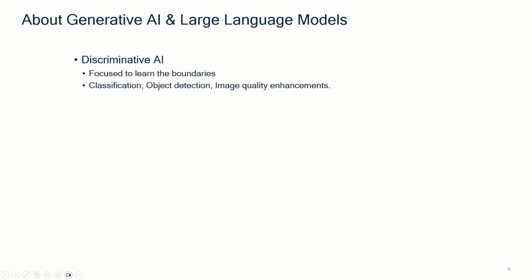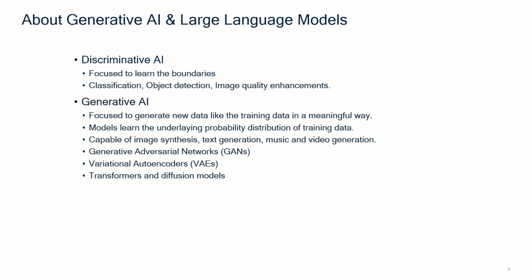Alternatively, generative AI models are more focused on emitting new data which humans have never seen before. These models are built with the aim of understanding the underlying probability distribution, and then with a sufficient amount of training with different data, they can synthesize new data in a meaningful way.